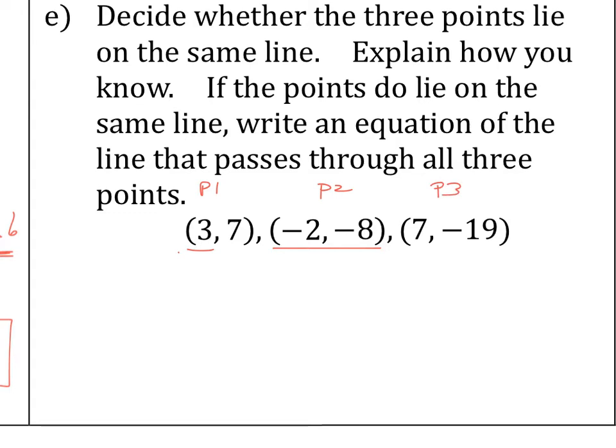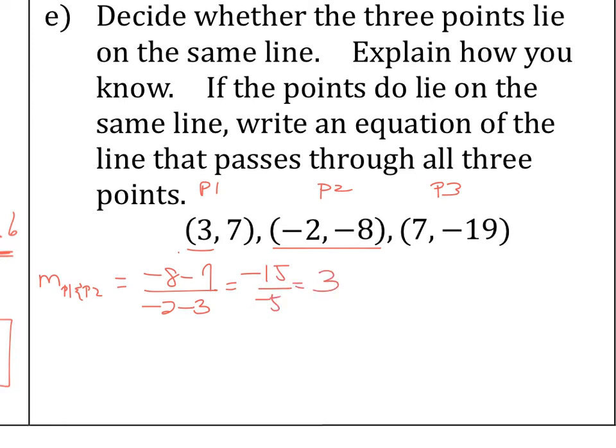So between point 1 and point 2, the slope is negative 8, subtract 7 over negative 2, subtract 3. And that gives you negative 15 over negative 5, and that's positive 3.